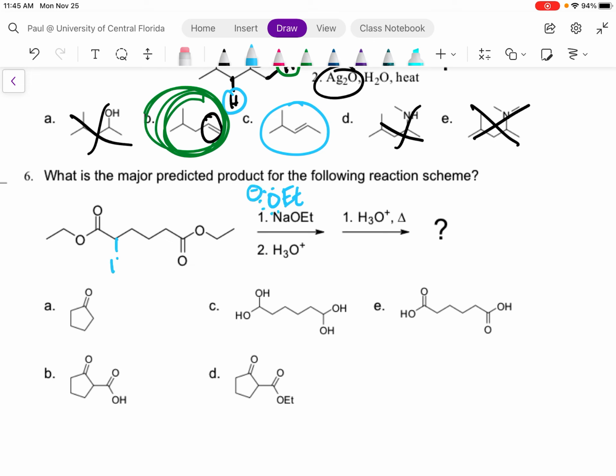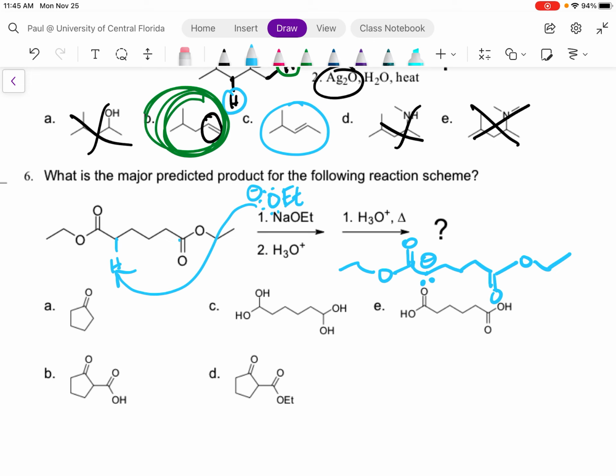We can abstract this one. And when it comes and abstracts that, we're going to generate ourselves an enolate looking species. We could also represent it like this. 1, 2, 3, 4, 5. Like this. So that's going to be negatively charged.